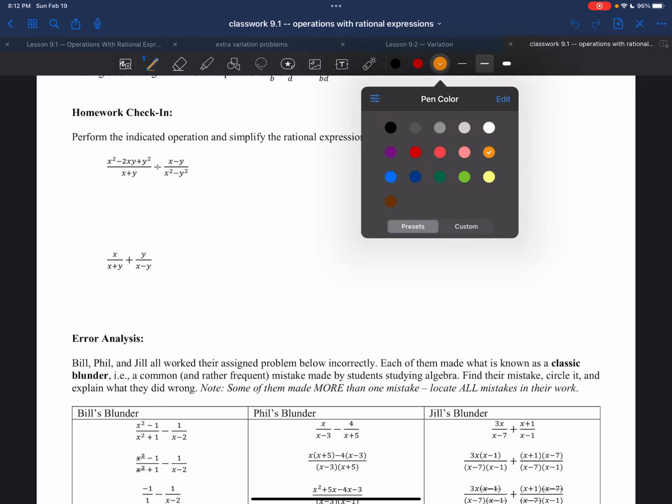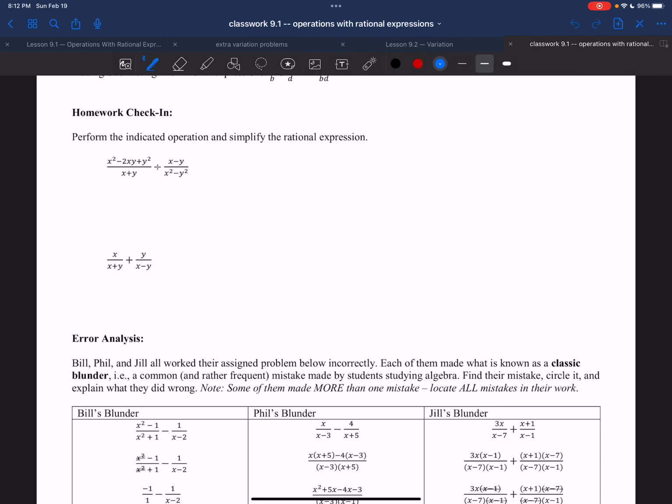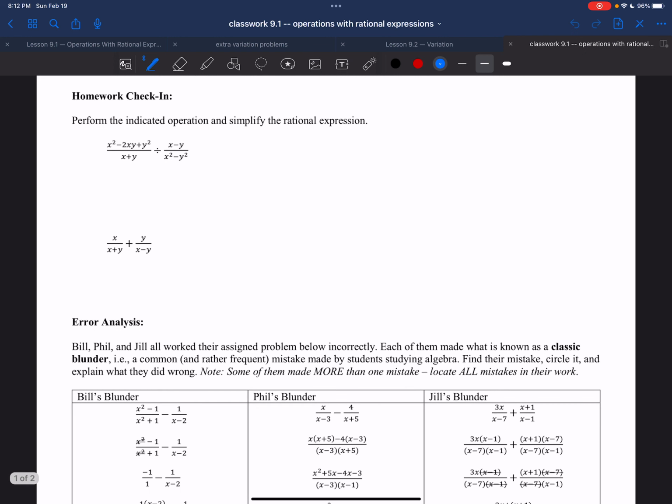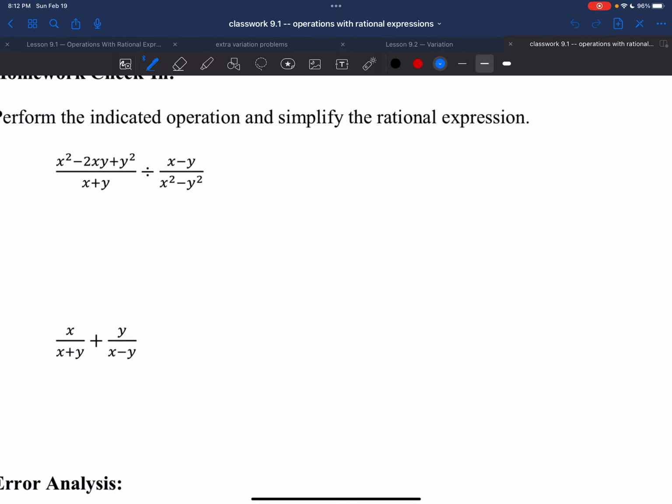All right. So the first thing we need to do, I guess it doesn't really matter when you do this, as long as you at some point do it, is to factor. Now, with this first question, I do notice that we can do keep, change, flip real quick. So I'm going to zoom in here, okay? See, it's a division, right?